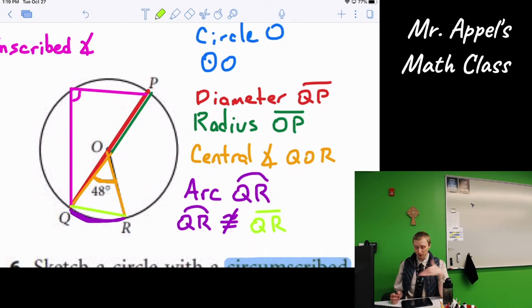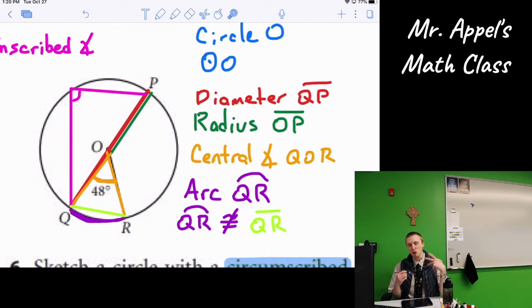One's a curve. The arc is a part of a circle. It has curvature to it. It's a little bent. Segment QR is perfectly straight. It connects them immediately. The arc goes along the curve of the circle.